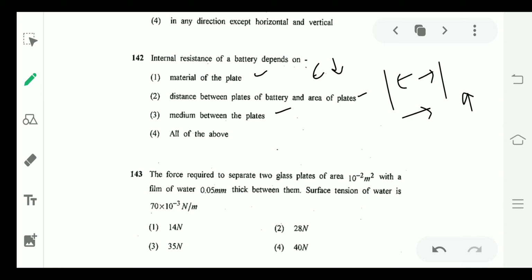So it will depend on all three factors. So all of the above will be the answer. And the formula for internal resistance is given by E equals V minus IR.